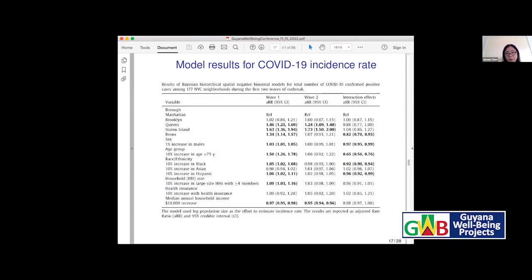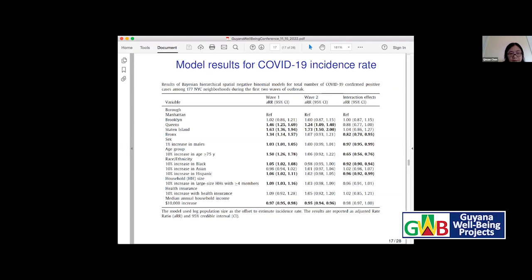These are the model results for incidence rate. We first do the wave 1 analysis and wave 2 analysis. The result here is the adjusted rate ratio. We also test the interaction effect to assess if the effect changes between wave 1 and wave 2. You can see we use Manhattan as the reference group.